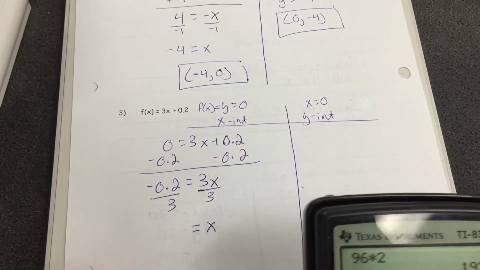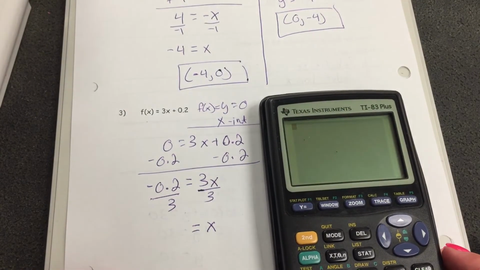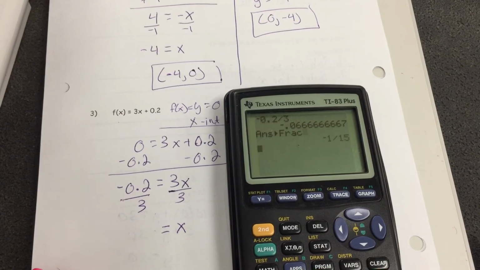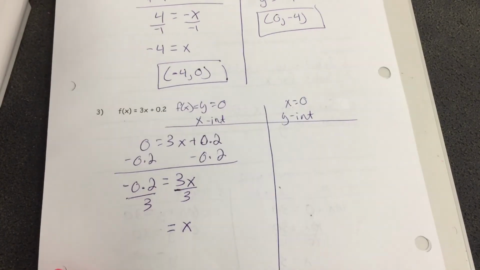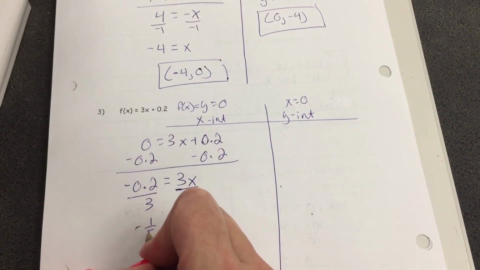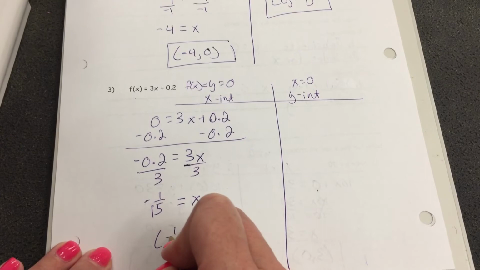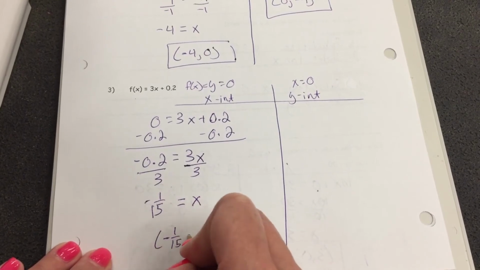In your calculator, when you put in negative 0.2 divided by 3, you're going to hit math, enter, enter, and you're going to get the fraction negative 1/15. So your ordered pair is negative 1/15, 0.